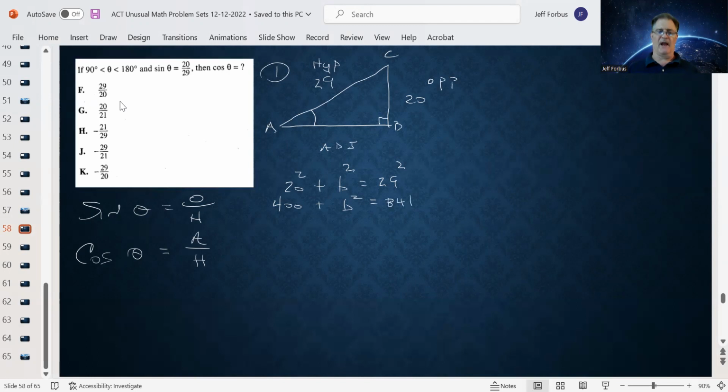Now we're going to subtract the 400. So we're going to have B squared is equal to 841 minus 400, and that's going to be 441. That's B squared. So we're going to take the square root of that, and we're going to find out that the adjacent side, or B, is equal to 21. So now we know the adjacent side is 21.